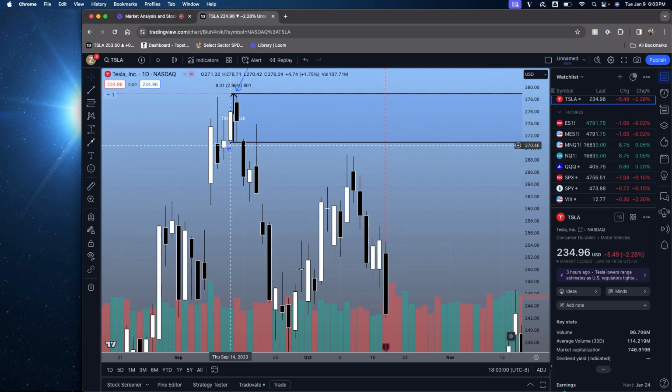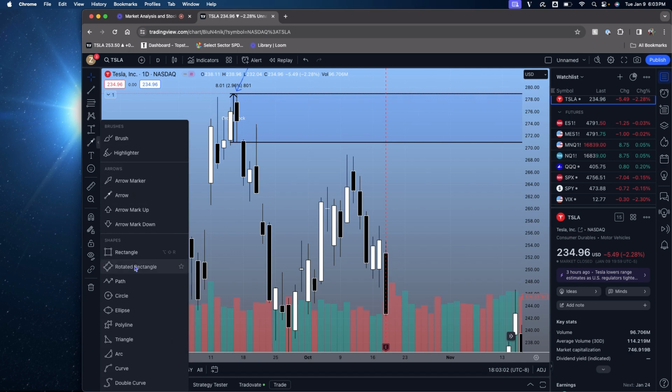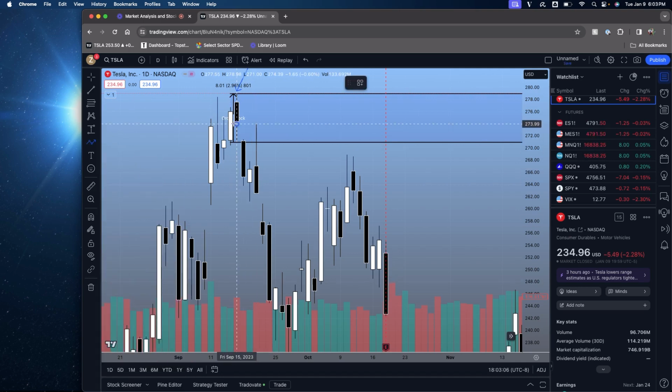So let me get a path going. So explaining an order block, this is an order block. We ended up coming down at this price point, came back up at this price point range within this blue leveled range, and then we ended up spiking all the way down from there.